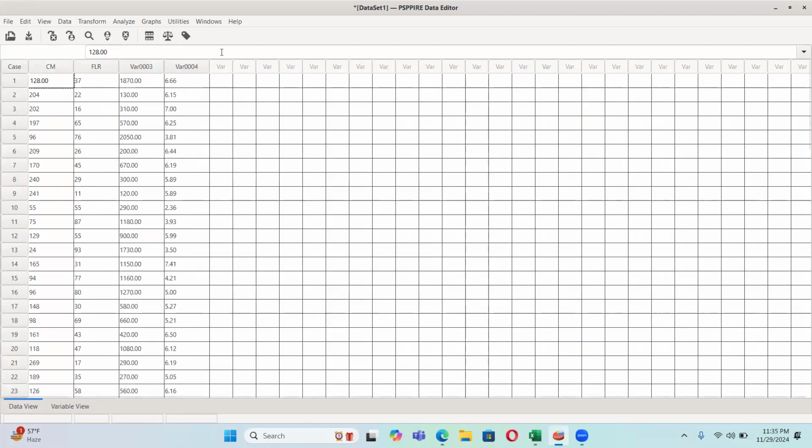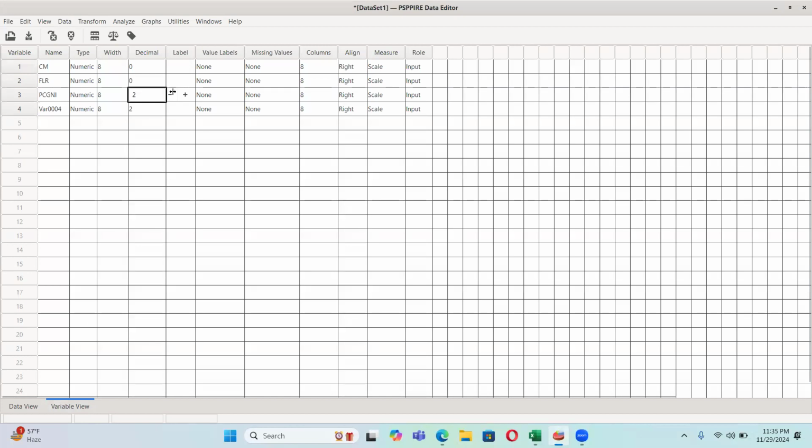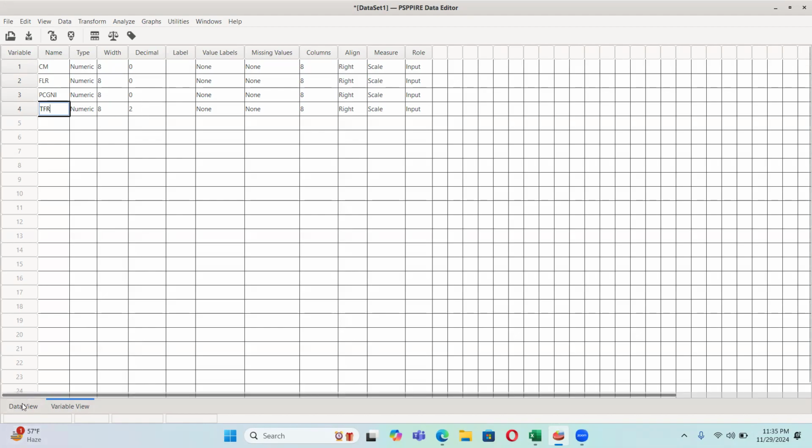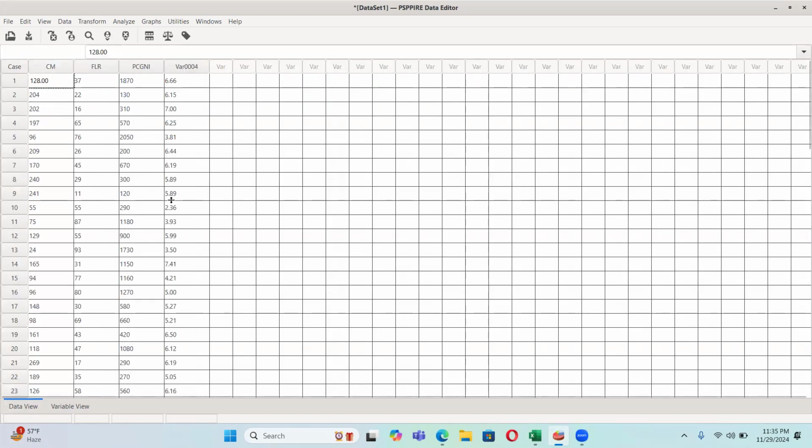And looking at this value, this also doesn't have any decimals. A fourth variable is total fertility rate, which shows the expected number of children a woman bore in her lifetime. So the decimals are present in this case.